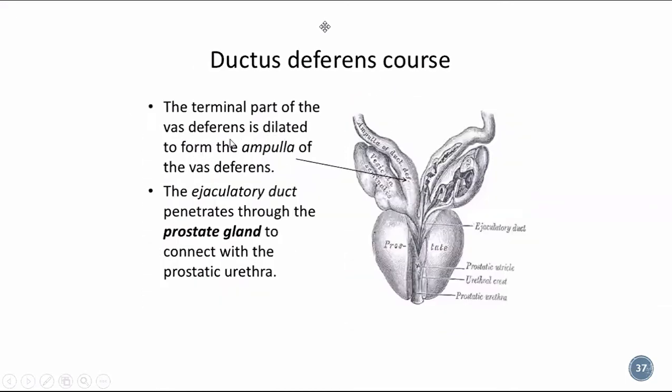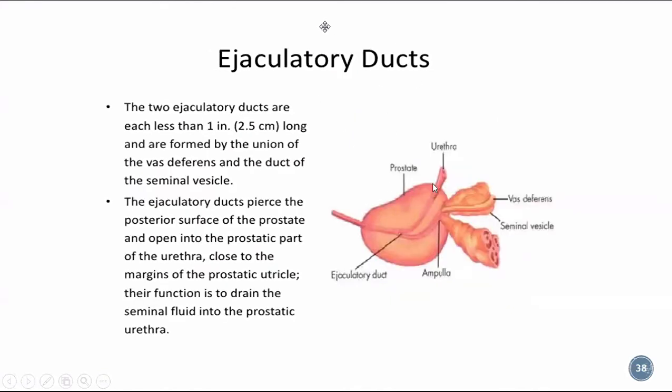The terminal part of the vas deferens, or the ductus deferens, is dilated to form the ampulla of the vas deferens. Now, the ejaculatory duct, as I mentioned earlier, penetrates the prostate gland and connects with the prostatic urethra. This is the ejaculatory duct. It is two, one on each side. It is less than 1 inch in length, 2.5 centimeters long, formed by the union of the duct of the vas deferens and the duct of the seminal vesicle.